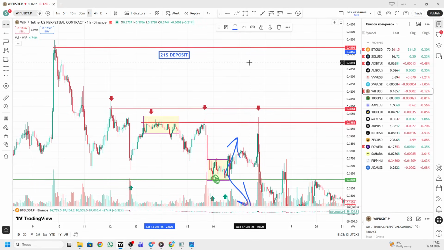Okay, but if we are working with a 1.6% stop loss instead of 0.8, as you remember, if it is full deposit, $21, maximum stop loss can be 0.8%. If you want to put 1.6% stop loss instead of 0.8%, then we enter with roughly 50% of the deposit, right? So roughly speaking, it's about $10, right? That makes sense, right? Okay.